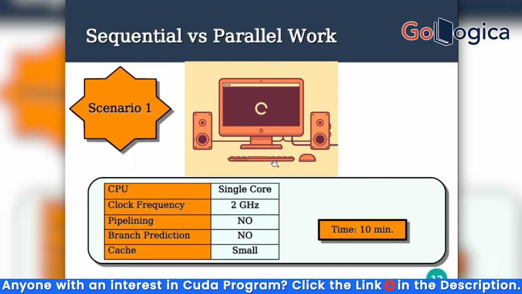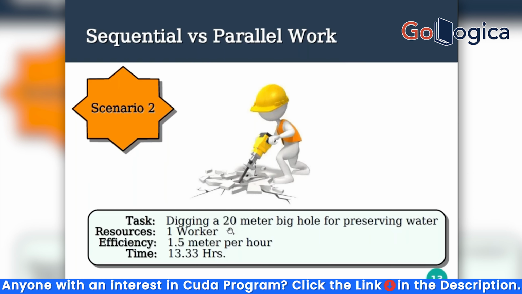Now let's see the second scenario. Here we again have the same task, digging a 20-meter hole, and again only a single worker. But now we updated the person's tools. Previously a single shovel was there, but now we replace it with a mechanical device, suppose a driller or some mechanical tool that the worker uses to perform this task.